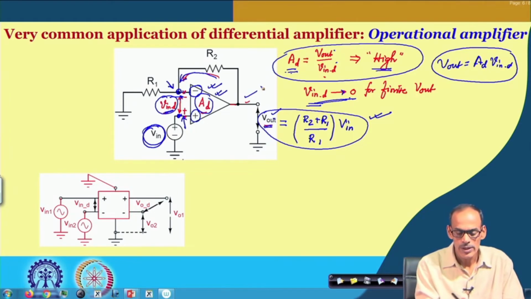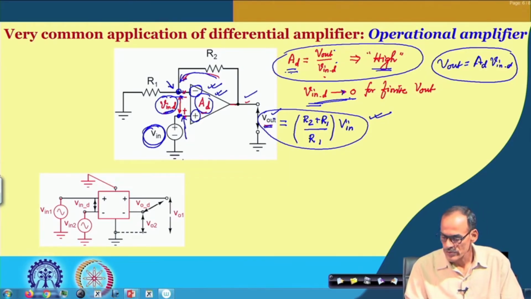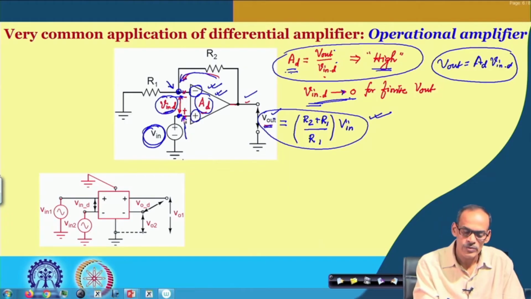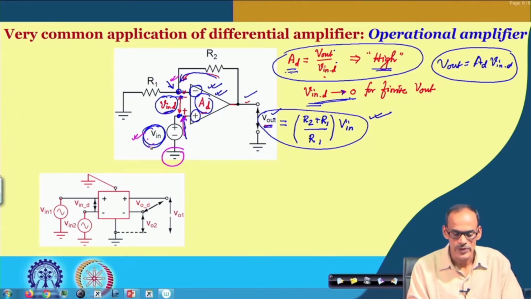In addition, if you observe the voltage at this terminal, which is referred to as the non-inverting input, with respect to ground it has a voltage V in. Likewise, this other voltage is also very close to V in.